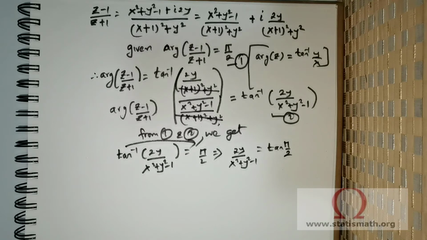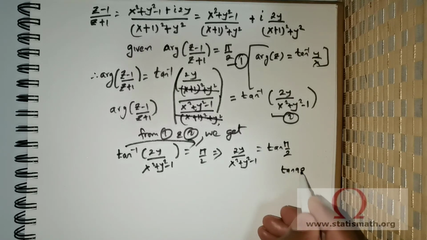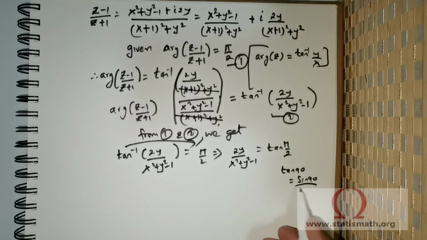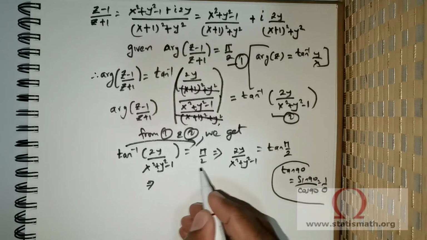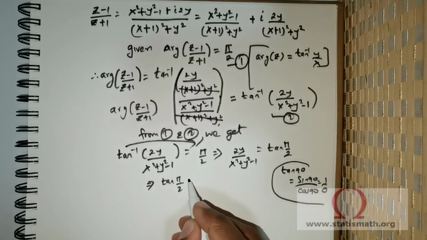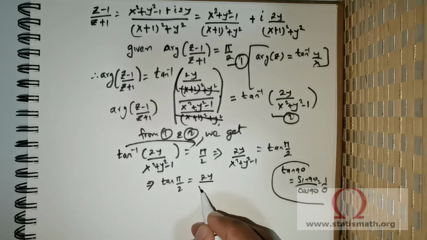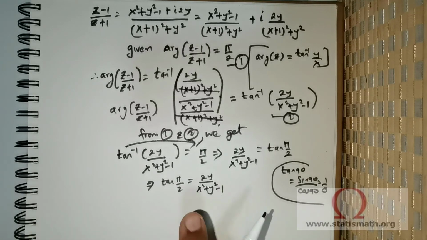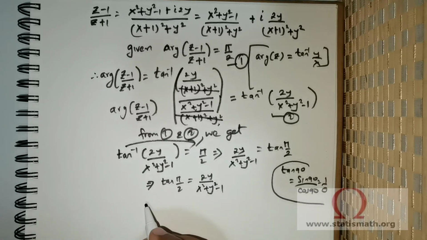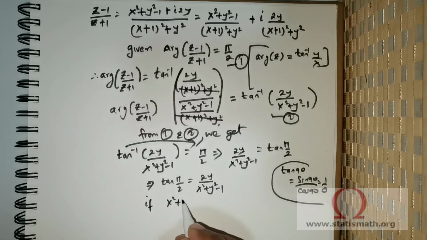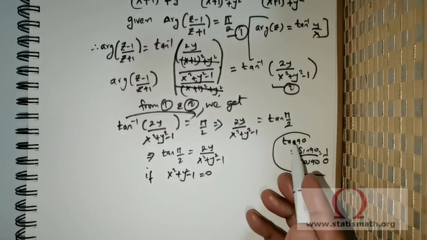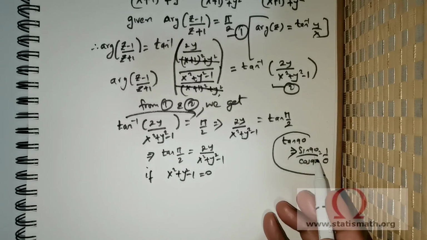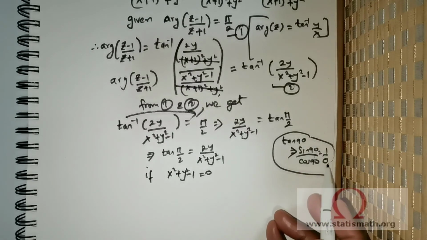Now what is tan π/2? Tan π/2 is tan 90. Tan 90 is sin 90 by cos 90. Sin 90 is 1, cos 90 is 0. So tan π/2 is equal to 2y/(x² + y² − 1). This can only be true if x² + y² − 1 is equal to 0, that's the only way, because I've demonstrated what tan 90 exactly gives us.